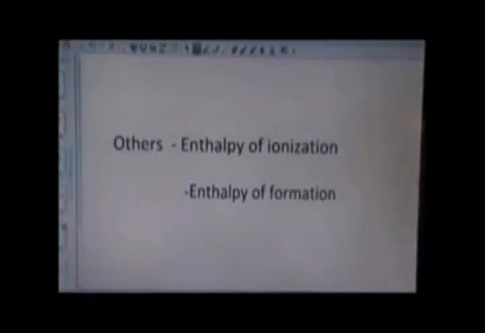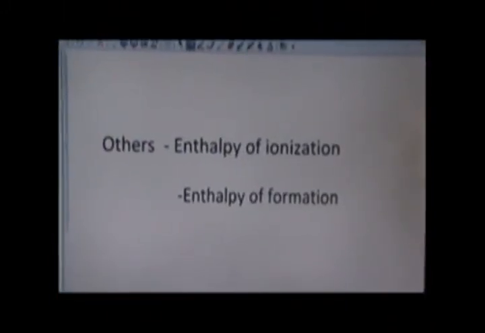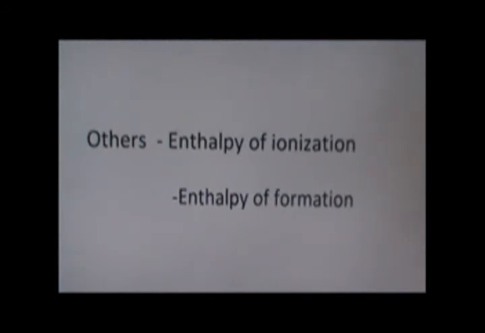There are very many other types of heat change. We have the enthalpy of ionization, which is the enthalpy change when an element loses an electron to form an ion. So we have this element M, it loses its outermost electron to form M+.